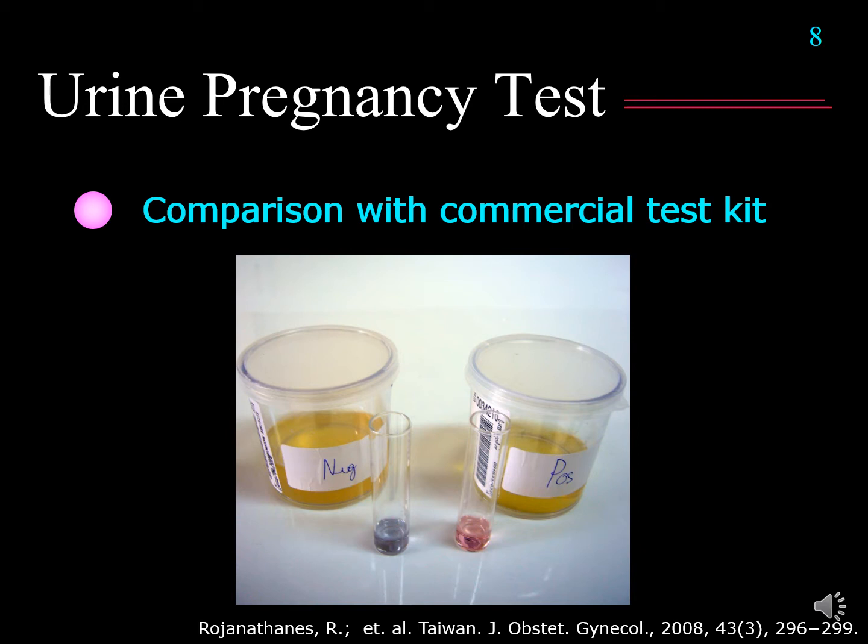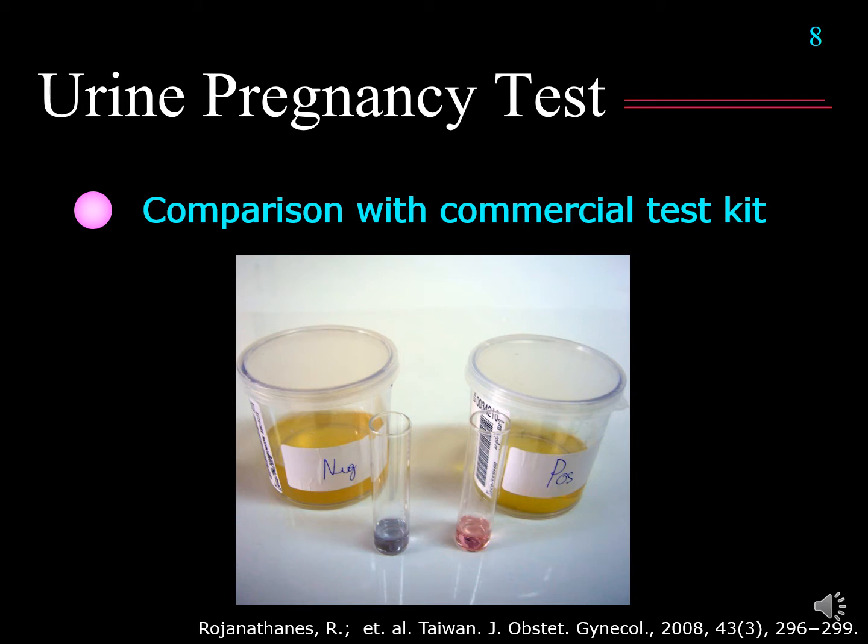But for the negative, that means the urine is from a normal woman. After we dropped it in and mixed it with the gold nanoparticle colloidal solution, the solution changed from red to blue like this.